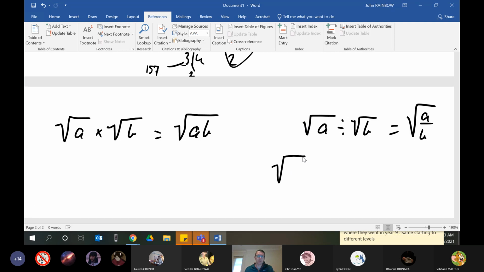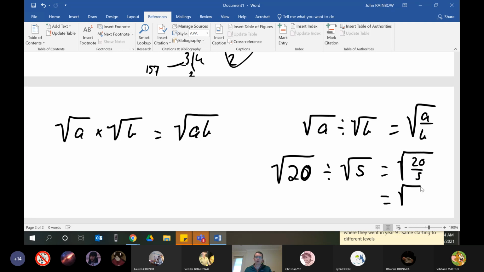So if I've got, for example, the square root of 20 divided by the square root of 5, that is going to equal the square root of 20 on 5, which is the square root of 4, which actually equals 2.